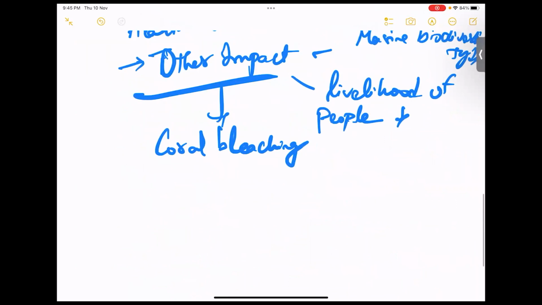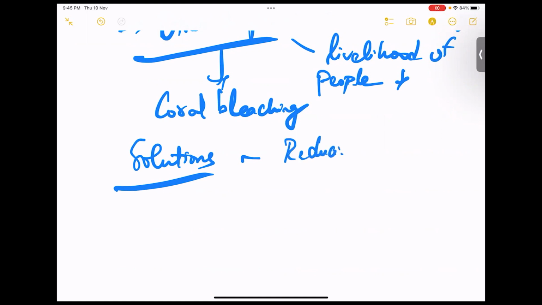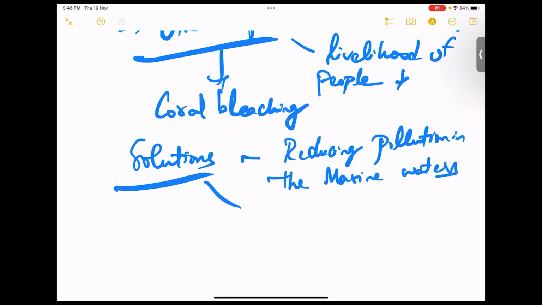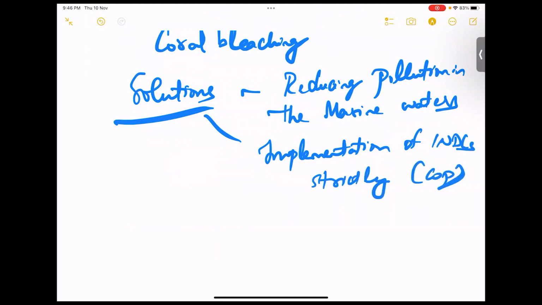Okay, other impact, and in the solutions you can write reducing pollution in the marine waters, implementation of INDCs strictly as per COP conferences, promoting renewable energy.